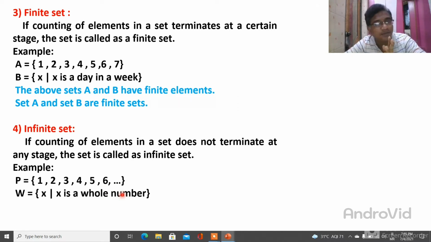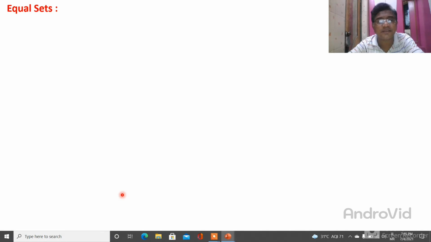And in daily life, the water in the sea and the stars in the sky are examples of infinite sets. Is that clear?